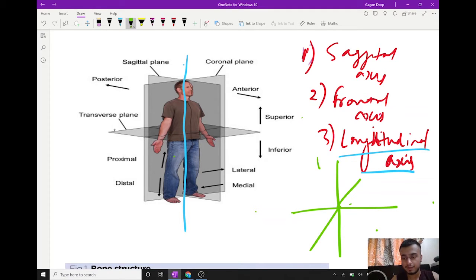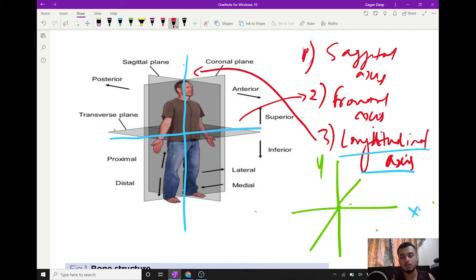We have defined the y-axis here as a longitudinal axis. Now I'll draw another one. See, this is passing just in the middle of the body from right to left. So this is the x-axis. It is the frontal axis, and this was the longitudinal.